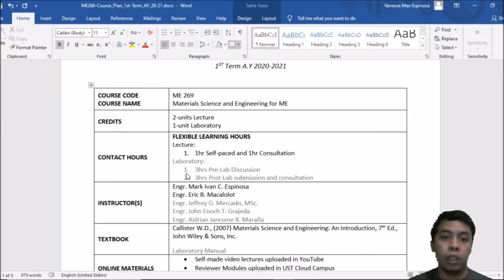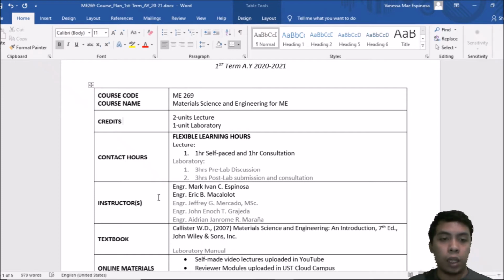For laboratory, you have two options for the hours. First is 3 hours of pre-lab discussion, and second is 3 hours of post-lab submission and consultation. I will discuss this further in your laboratory sessions.